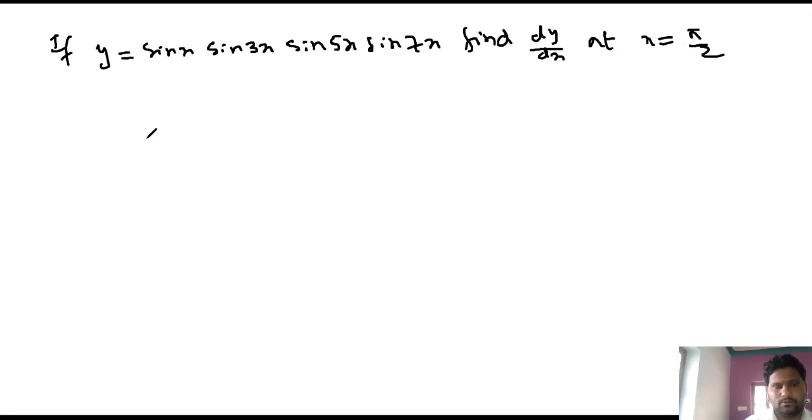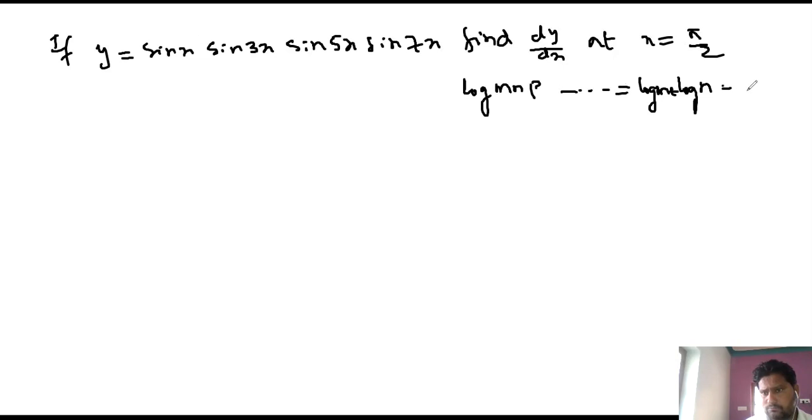Here there is one more important application of logarithmic differentiation: using the logarithm we can reduce the product of many functions. Log of m into n into p is equal to log m plus log n plus log p, and so on.